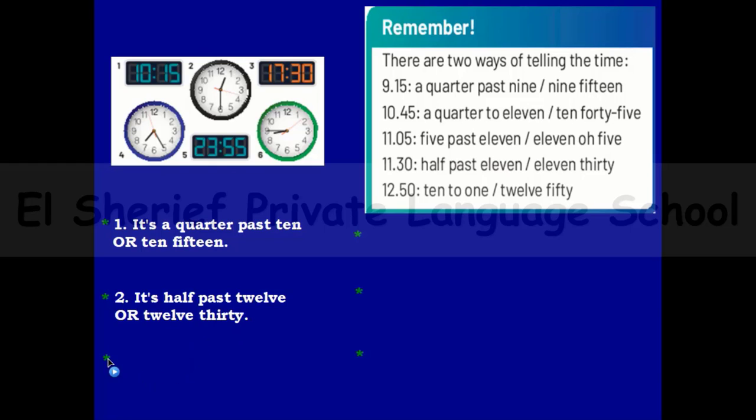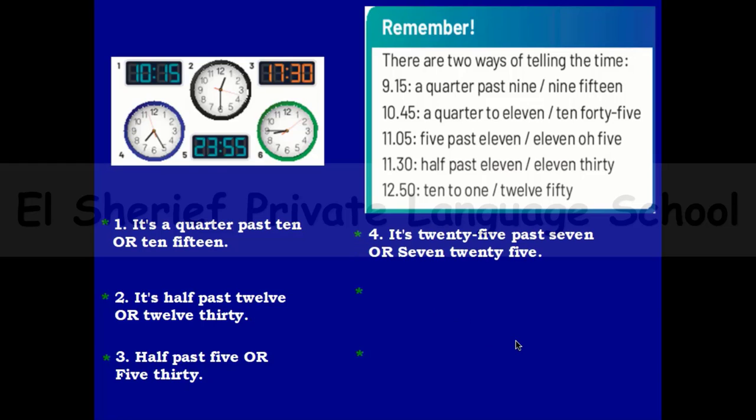Number 3, this picture is 5:30. And if you are asking about number 4, we are ready to check your answer. So number 4 is 7:25. What about number 5?